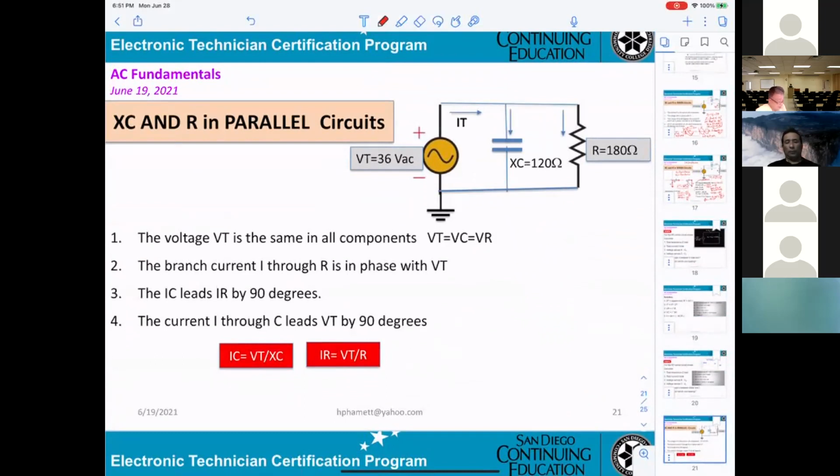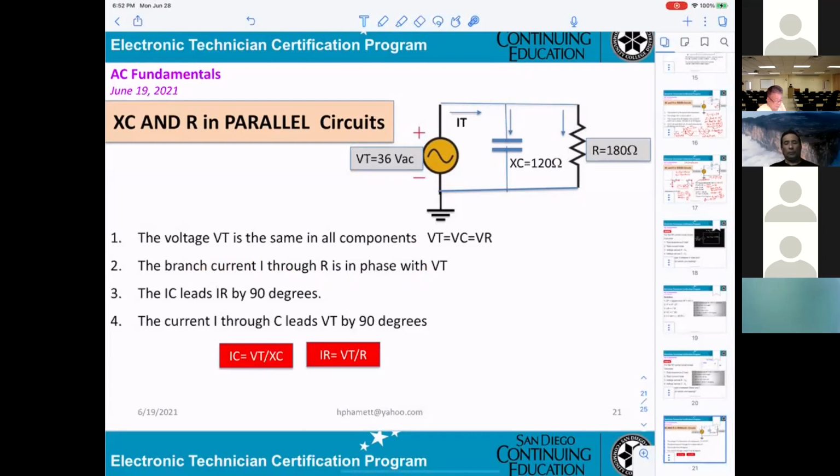Now XC and R in parallel. The voltage VT is the same. You understand the voltage here? VC, VR, and VT are only one voltage. The current I through R is in phase with VT.